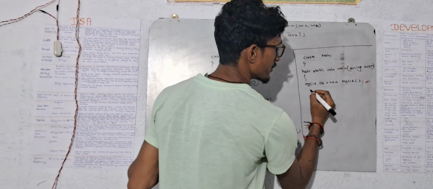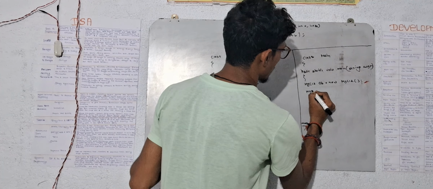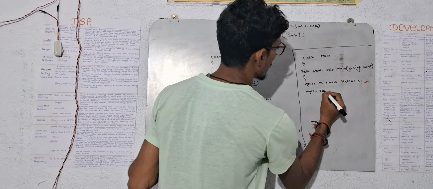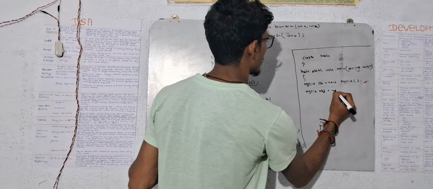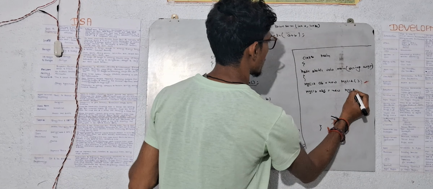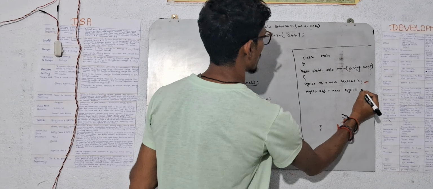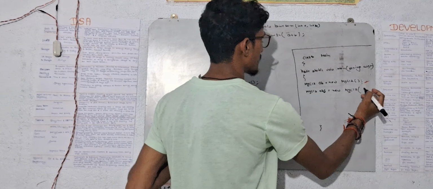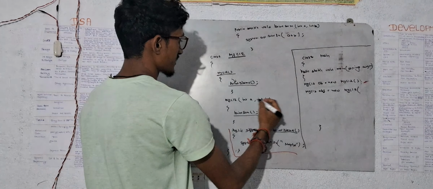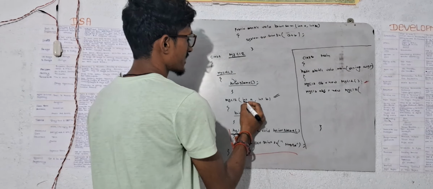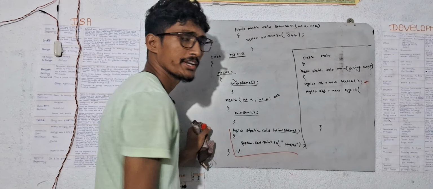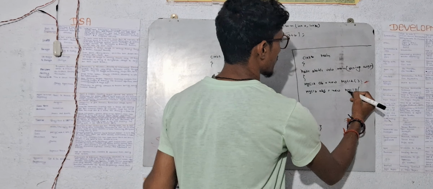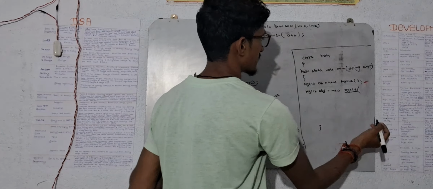And when we write mycl2 ob1 is equal to new mycl2, here we need to put two values to call this constructor because it takes two parameters. So we need to give two parameters in the constructor of this class.